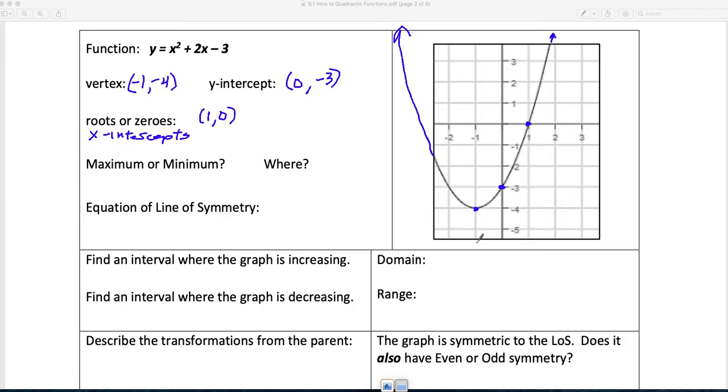But we do know that this vertex has got an invisible vertical line that runs through it. Let's change colors. Here's my invisible vertical line that runs through, that is called my line of symmetry. And that line of symmetry says if I have a point over here, then I have a twin point exactly the same distance over here.